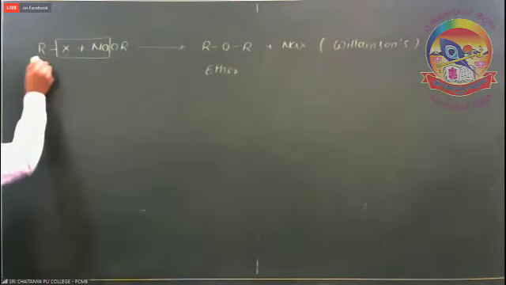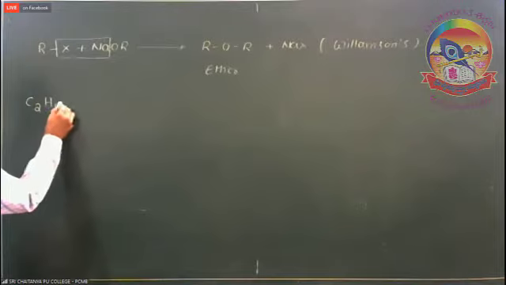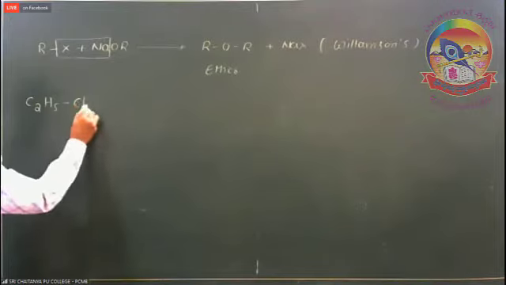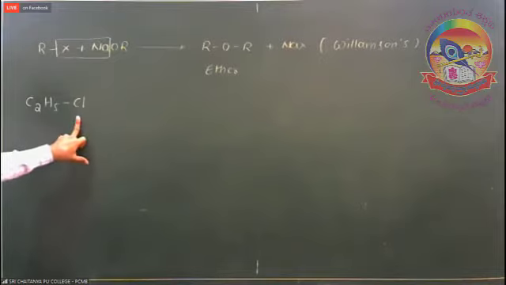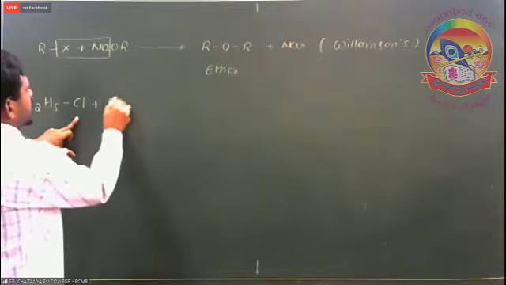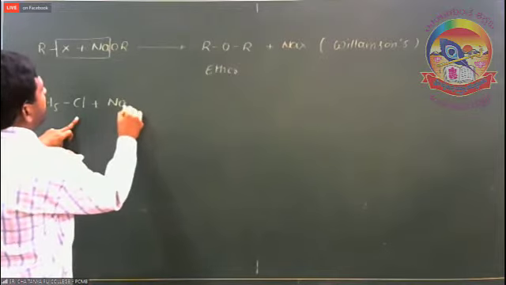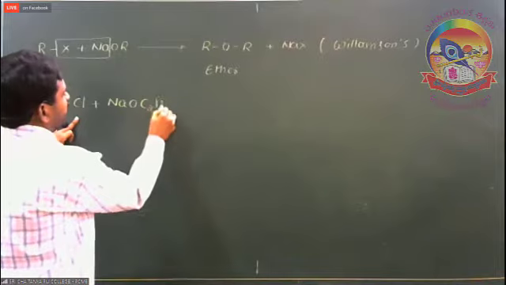Example: instead of R, if you take C2H5, and instead of X, if you take Cl, C2H5Cl is called ethyl chloride. It reacts with sodium ethoxide.